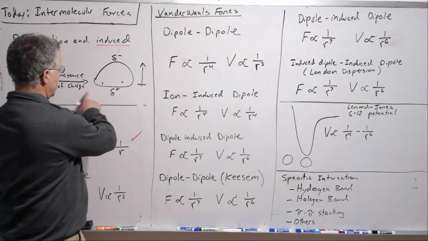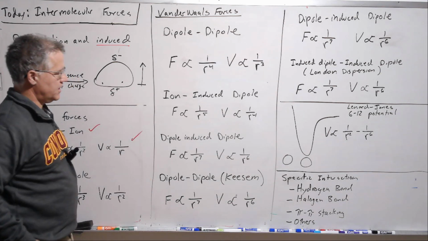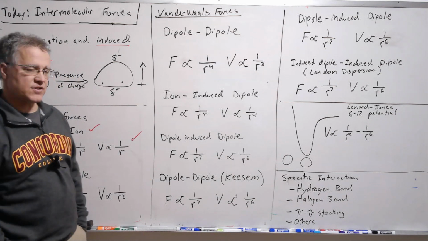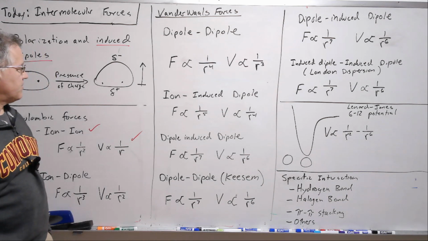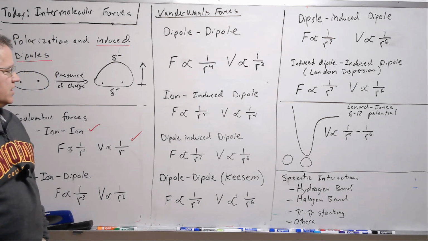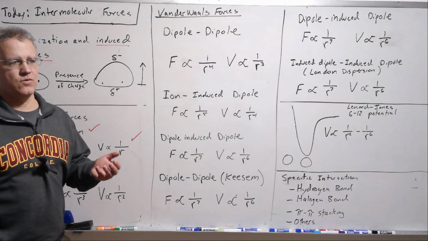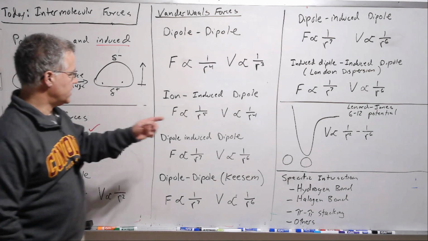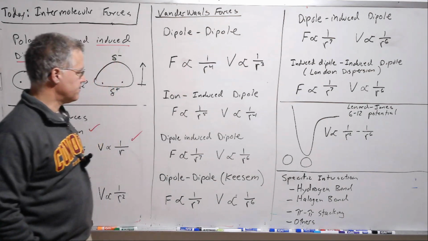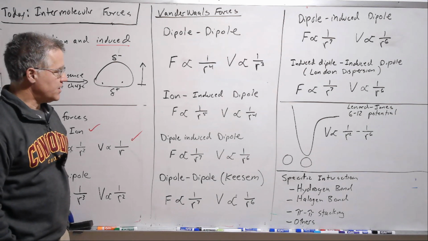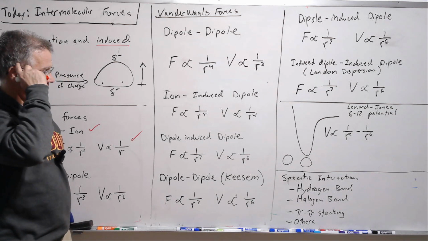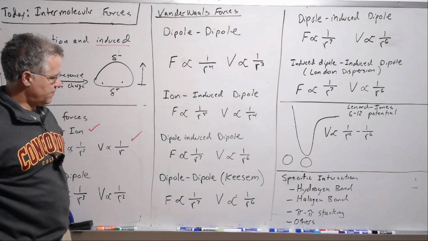Here's an example of an ion-induced dipole, and the force there drops off as 1 over r to the 5th power. This is a very weak force. Well, not necessarily weak, but short range. So it's getting shorter and shorter range as we come down here. The potential energy is 1 over r to the 4th then.